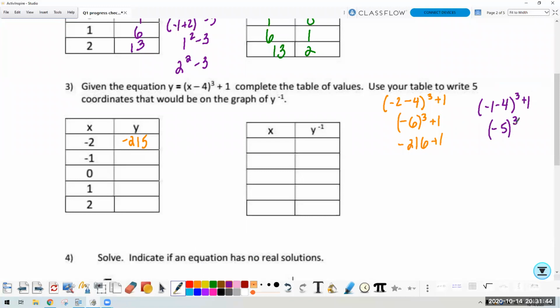So now we have negative 5 cubed plus 1, negative 125 plus 1. And now 0. And now 1.